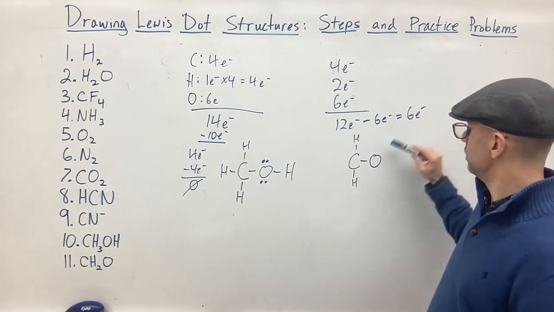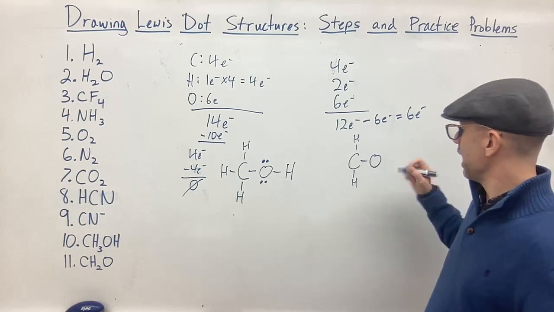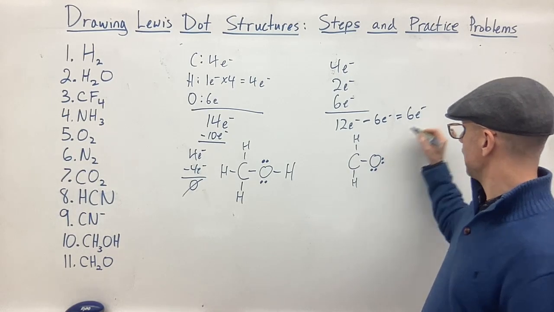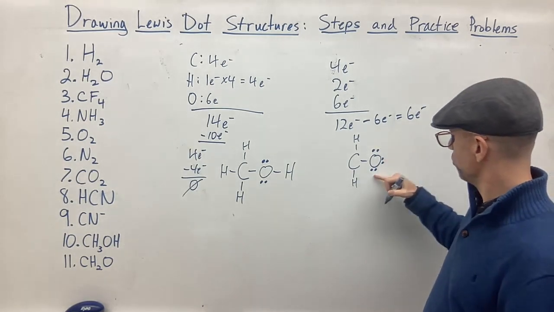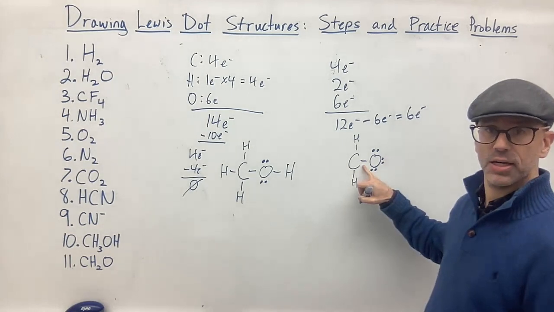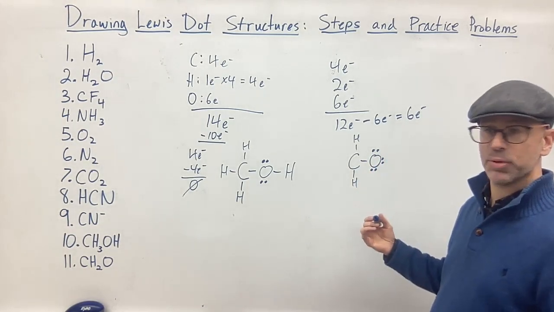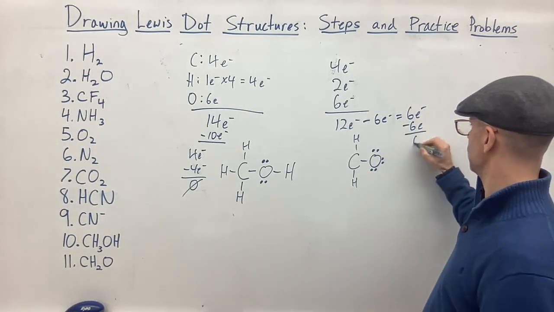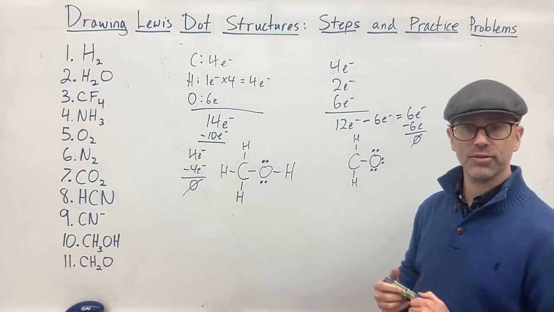And finally, the oxygen needs lone pairs. So I can add 3 lone pairs to the oxygen. That's going to use up my 6 electrons. So now I have 3 lone pairs, 1 bond. So this oxygen is now happy with an octet, but I have to subtract out the 6 electrons that I used, and now I have no more electrons.